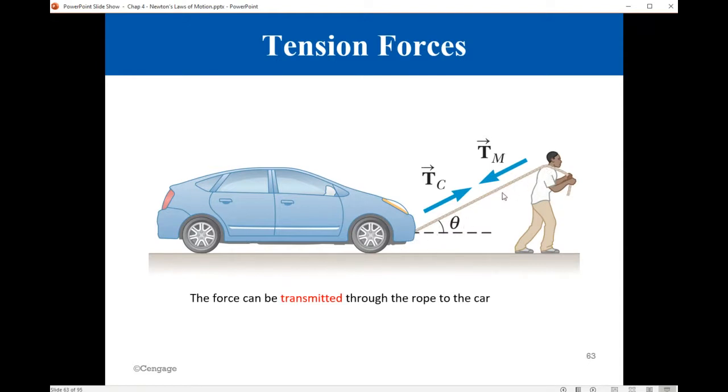So here in the rope, there is a force exerted by the man, tension force going this way, and this is the reaction force. You remember Newton's third law, action, reaction, pair of forces. Here, the tension on the car, okay, and as a result, the car now is moving.